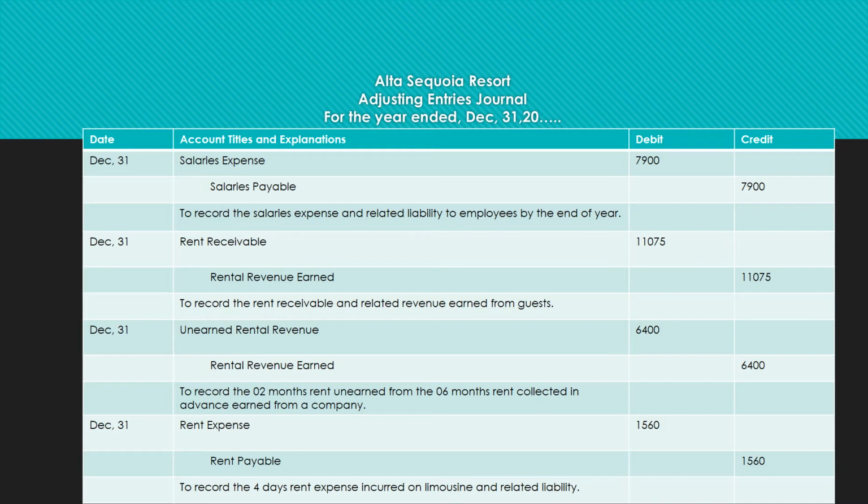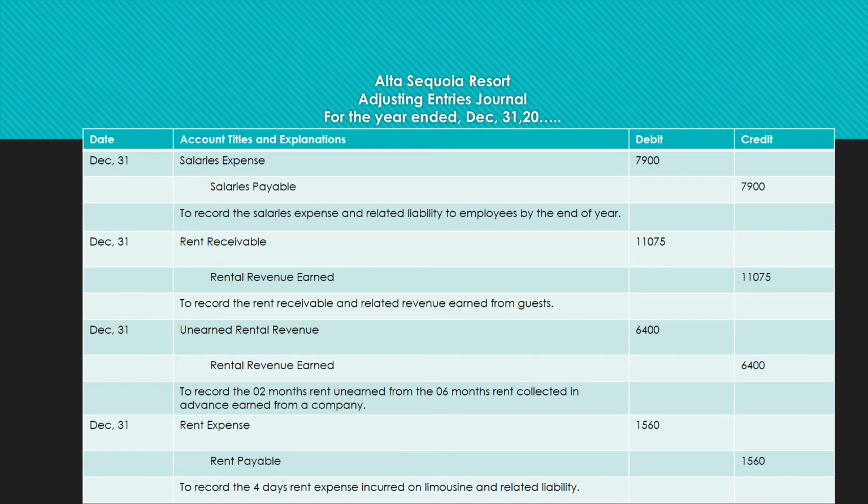Therefore, we will debit unearned rental revenue 6,400, and rental revenue for 2 months earned is 6,400, which is recorded on the credit side because increase in revenue is recorded on credit. So credit rental revenue earned 6,400. Explanation will be to record the 2 months rent earned from the 6-month rent collected in advance from a company. So that's all about transaction C.